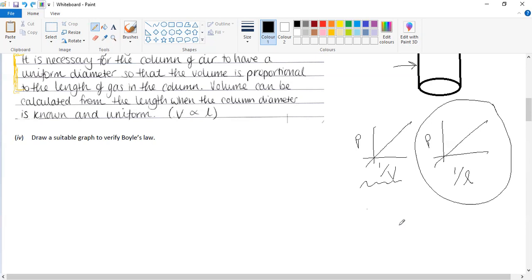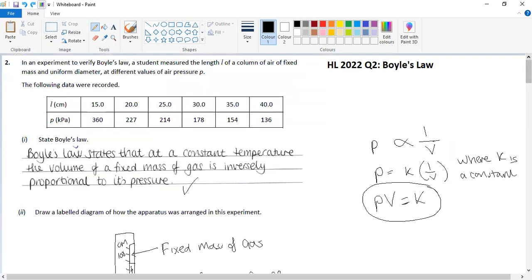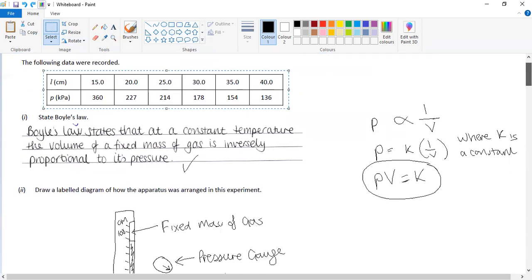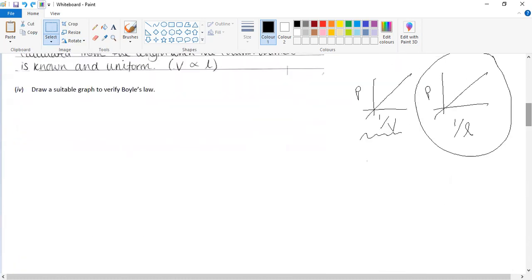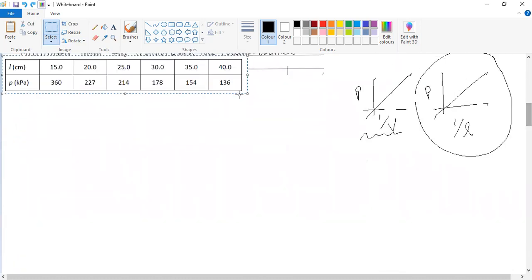So I'm going to take my data table, and just because I have the ability to copy and paste here, it can be a little bit easier. I'm going to bring it down because we need to do a bit of work. In your answer book, you could copy in the table, or you could just do your calculations separately.